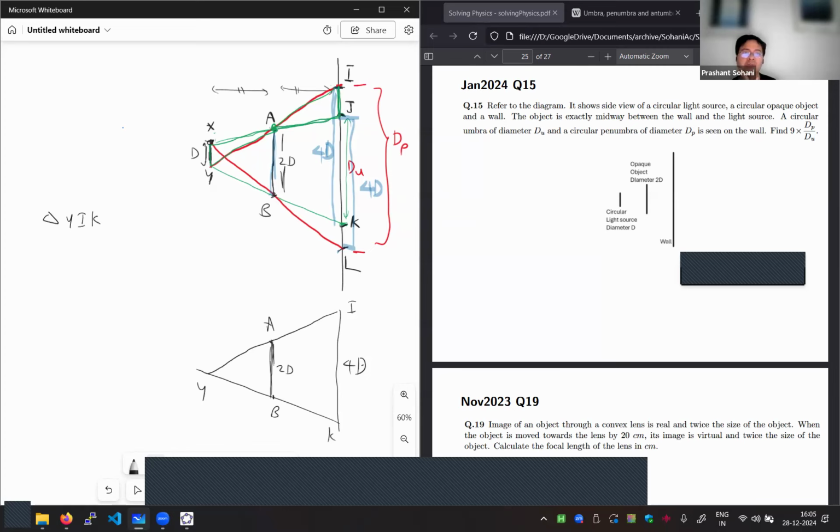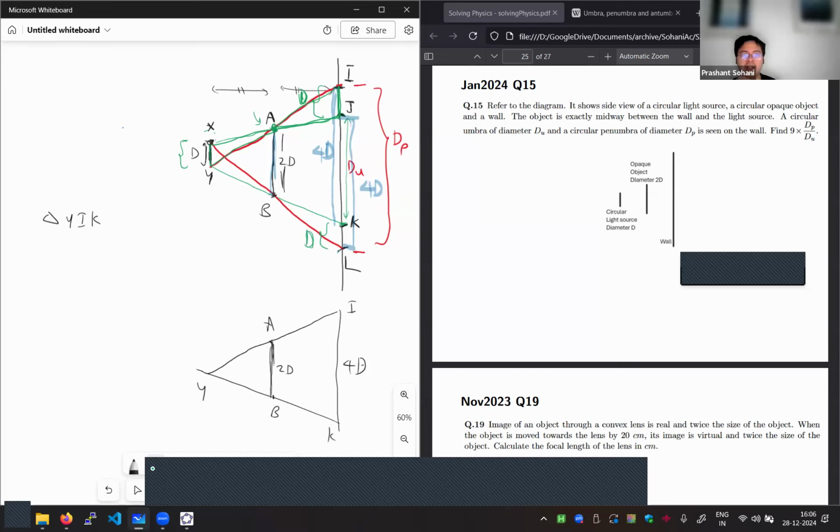You can also see it this way: XJ and YI have the same midpoint A, and one of the properties of a parallelogram is that the diagonals bisect each other. So that is why XYJI is a parallelogram. And if it is a parallelogram, then this length is D, which means that IJ is also D. And in the same way, KL is also D.